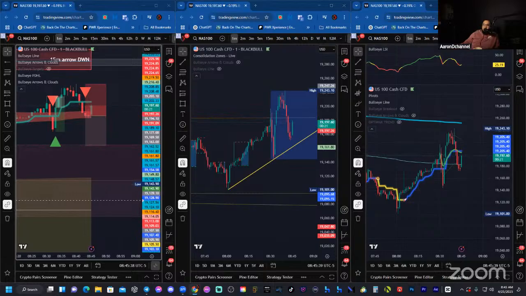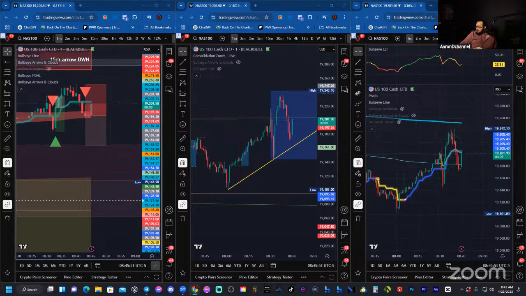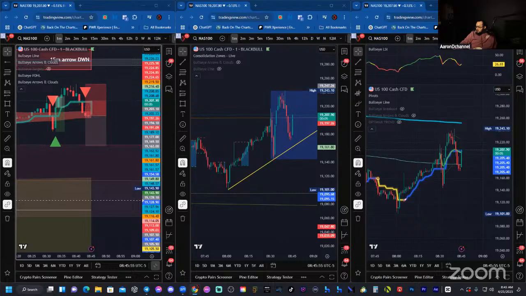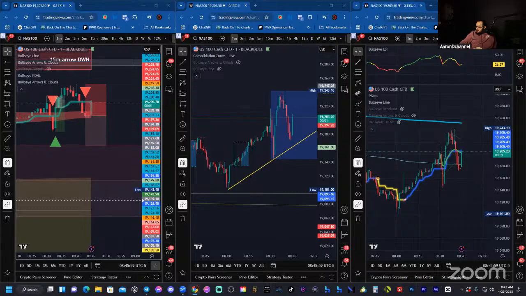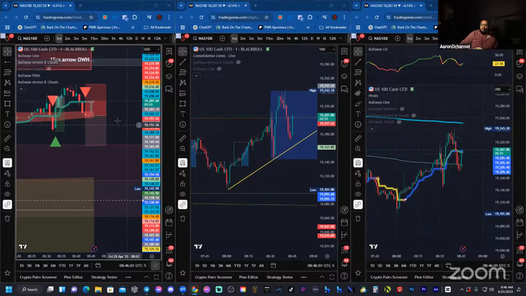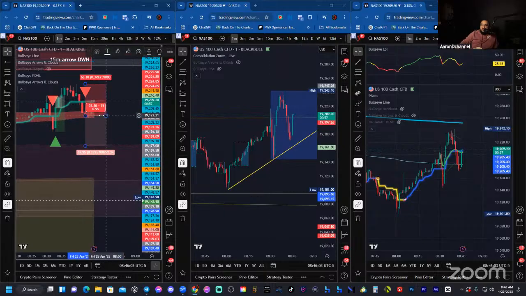We shall see. It's a retest of the 20 moving average. It's a color change off the 20 moving average. 13 seconds left. All right, so this sale doesn't look too great.